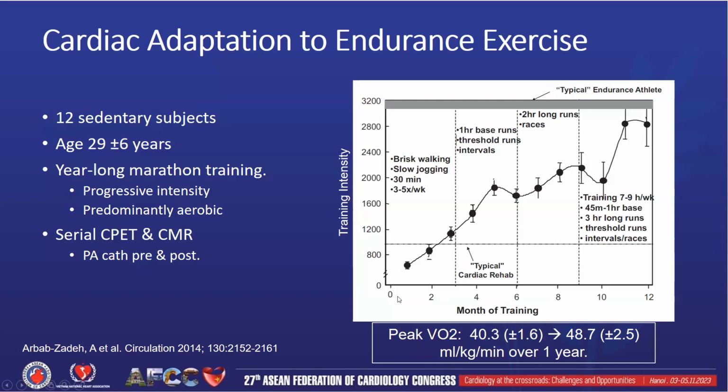And you can see on the 12 months of training on the x-axis here, and then training intensity on the y-axis, that there's a graduated level of increased intensity over the course of that year. The subjects underwent serial cardiopulmonary exercise testing and serial cardiac MRI imaging, and actually had invasive hemodynamic monitoring at baseline and at the completion of the study.